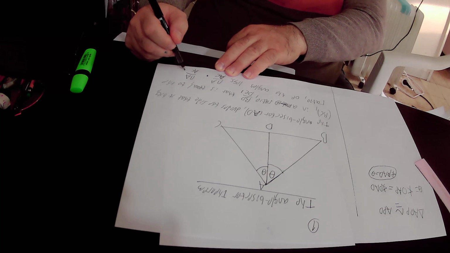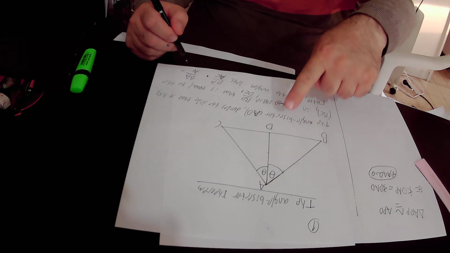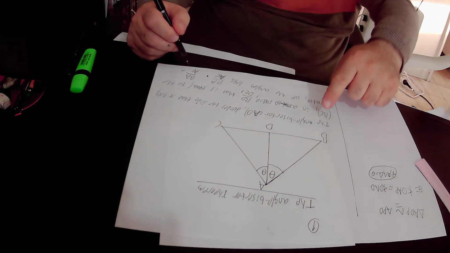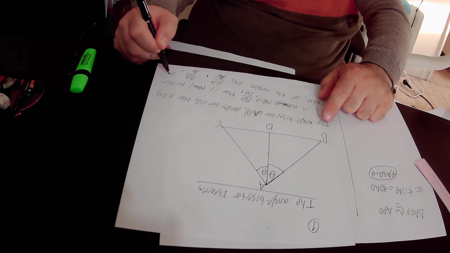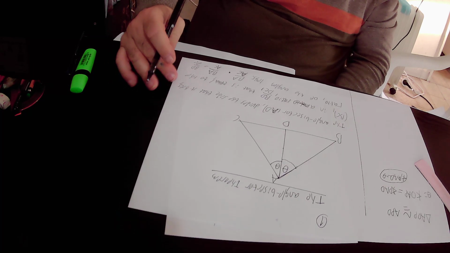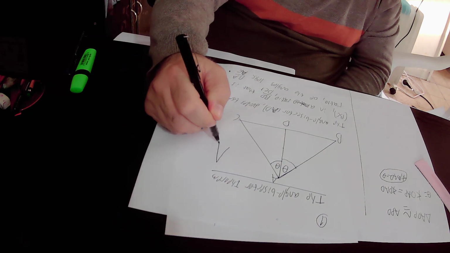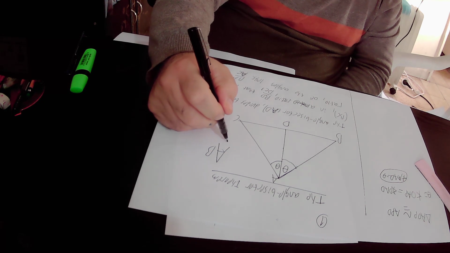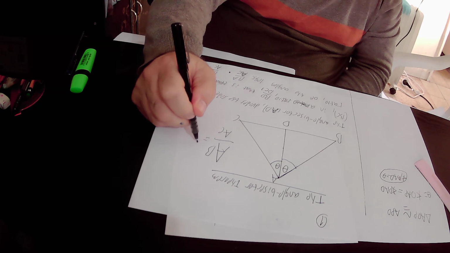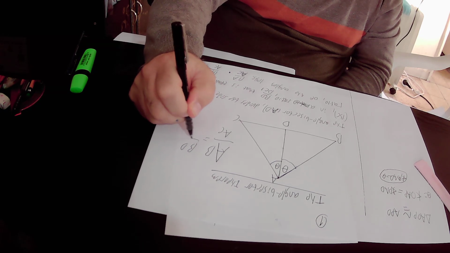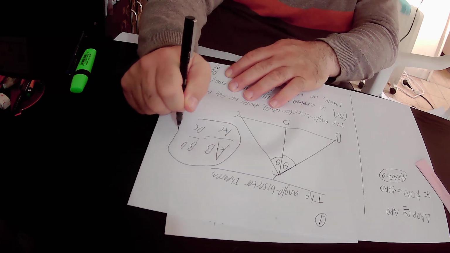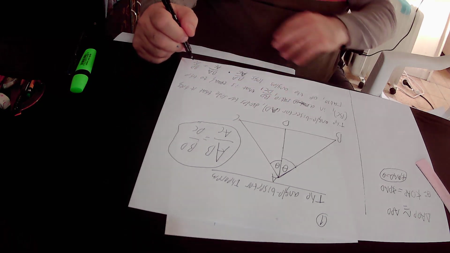And this ratio is equal to the ratio in which angle bisector AD divides side BC, and that ratio is BD over DC. So I write it again here: AB over AC equals BD over DC. Okay? This is the equation for the angle bisector theorem.